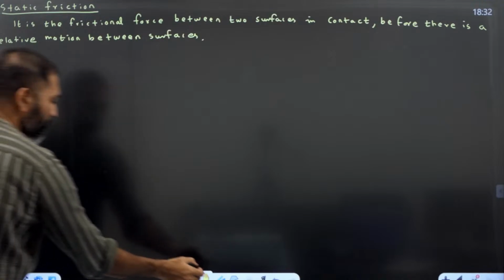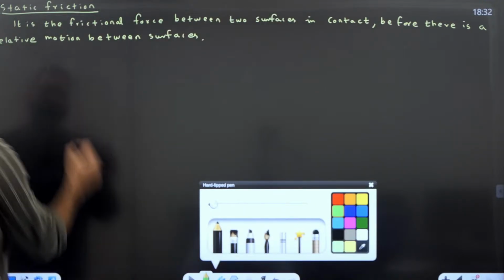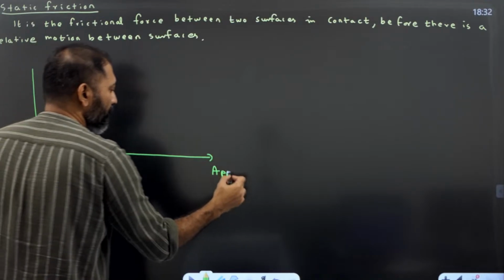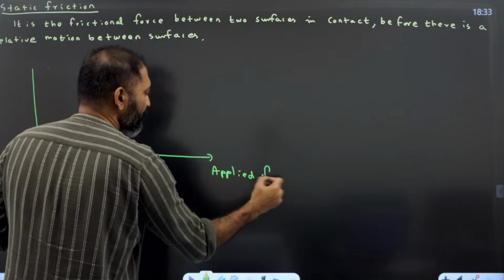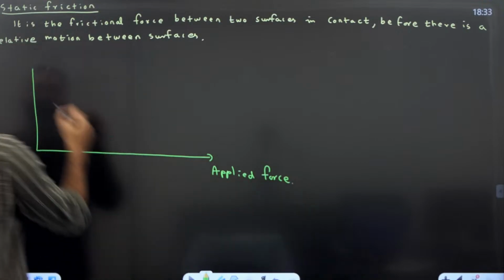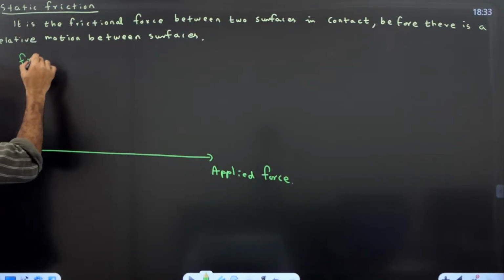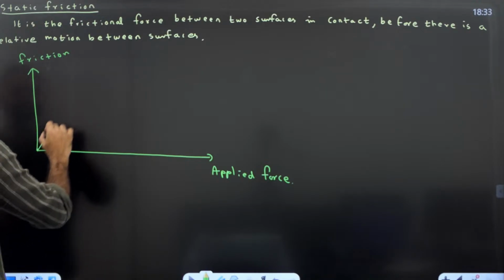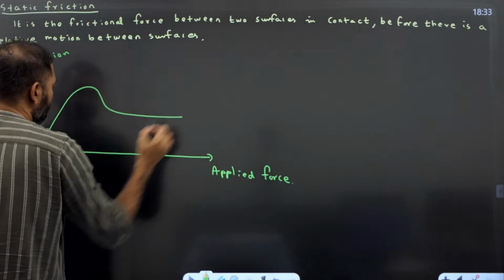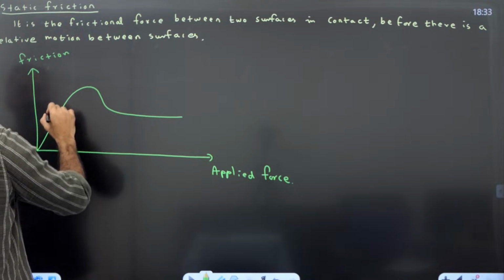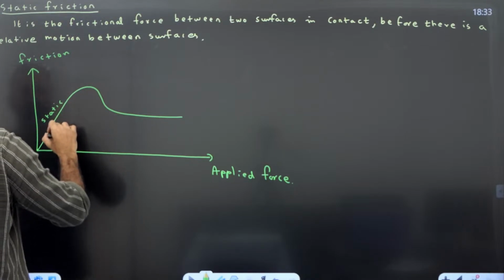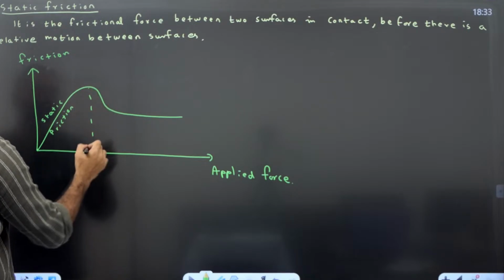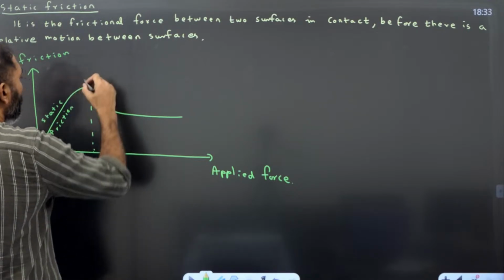There is a very important graph here. See, applied force is on the x-axis, and on the y-axis we have friction. When the applied force increases, static friction also increases. So this side we have static friction. Now, just before motion starts, static friction reaches its maximum value.